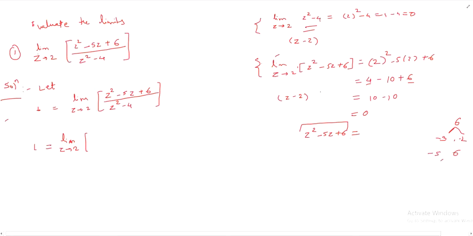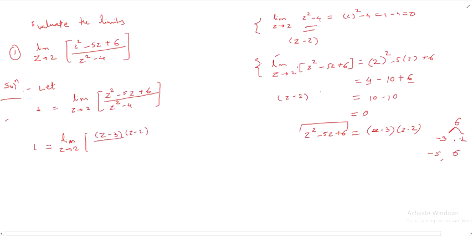So the factors of z square minus 5z plus 6 are (z minus 3) into (z minus 2).